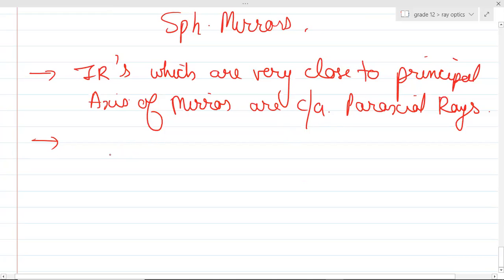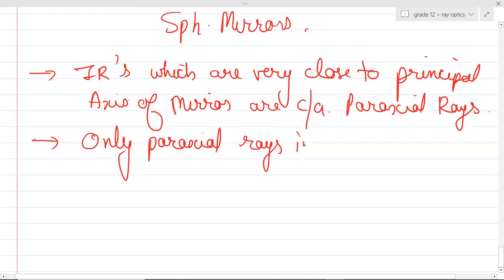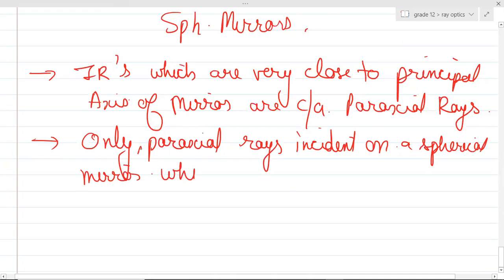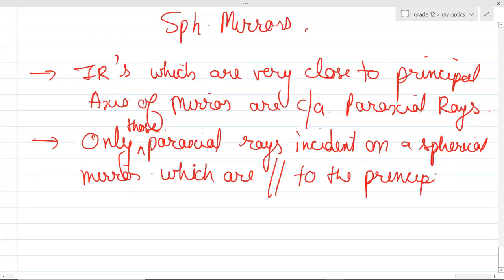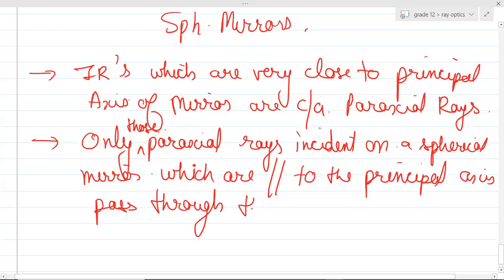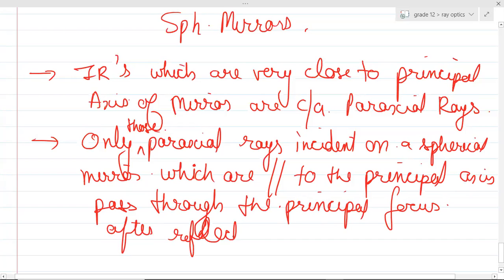So please remember, only paraxial rays incident on a spherical surface, spherical mirror basically, which are parallel to the principal axis pass through the principal focus after reflection.